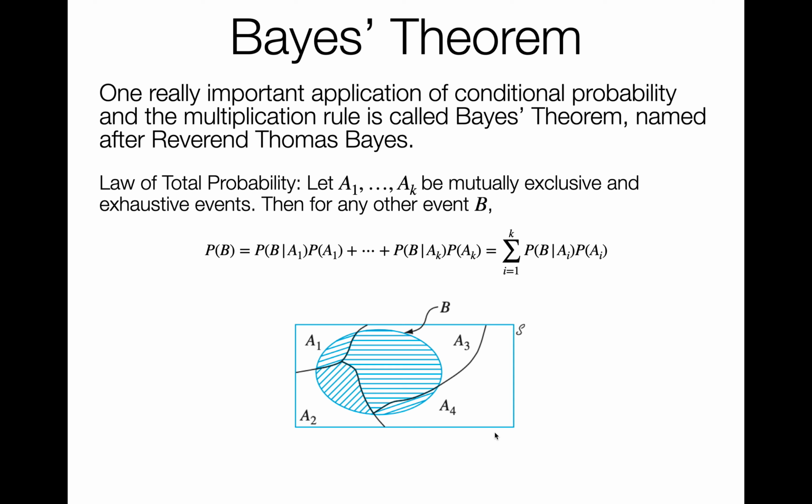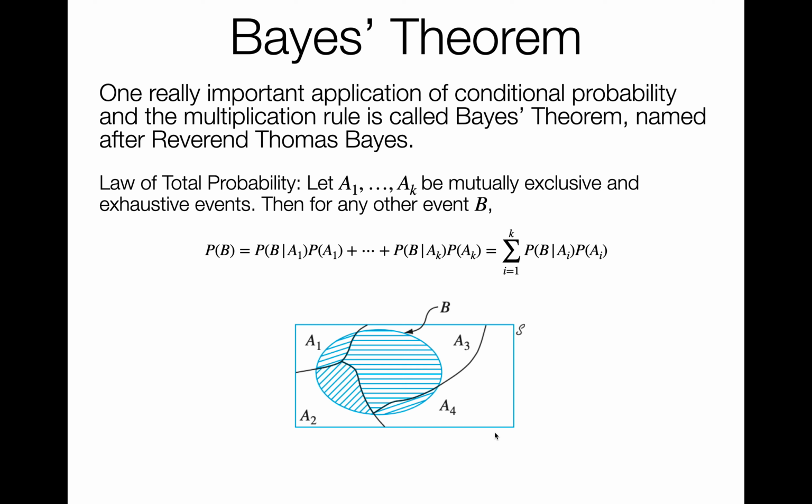Another way to say that is they form a partition of the sample space. A1 through A4 are cut up so that they cover the whole sample space with no overlap. I want to find the probability of B, which is that oval.